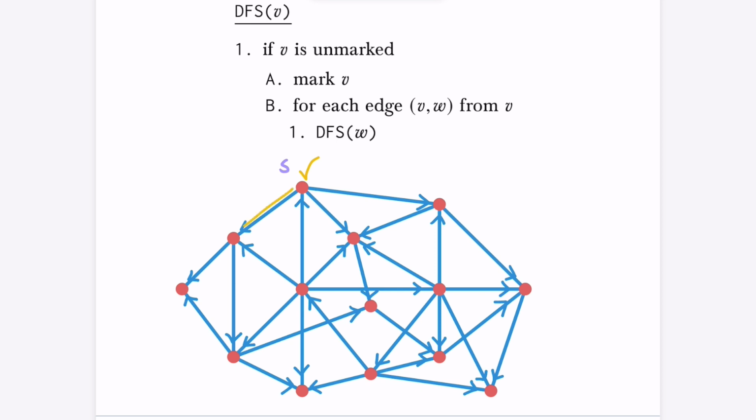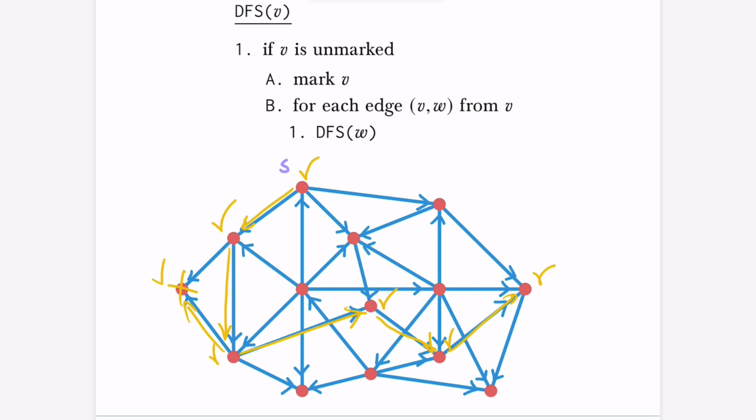We'll explore this edge, and it's not marked yet. We mark it, and then we start exploring some more. I mark this, I explore, I mark it, and also I back out because there's no more edges to explore. I explore, mark it, explore, mark it, explore, mark it, and so forth.